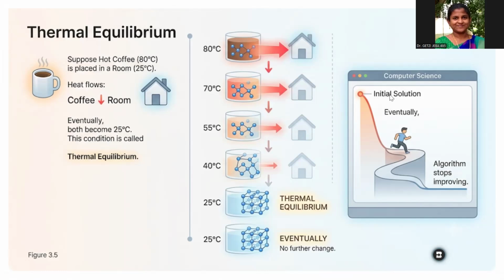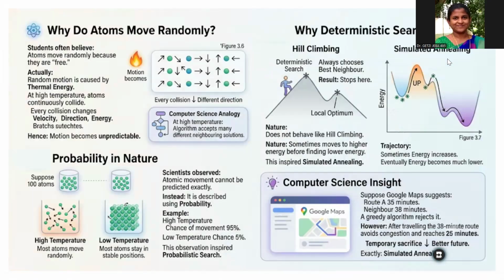You start with an initial solution, eventually search for a better solution, and at one point you settle down on the best solution. This is thermal equilibrium. And then we have to match this with probability, the probability of acceptance in simulated annealing.